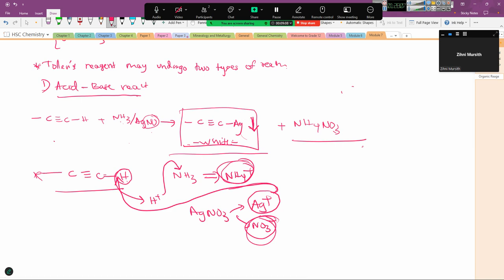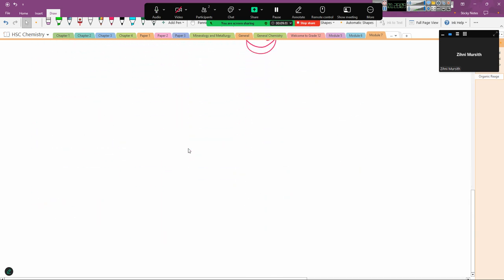For example, if I write a chemical reaction, it's very simple. Let's say we have CH3 C triple bond CH, right? If you put ammonia AgNO3, can you predict the yield?